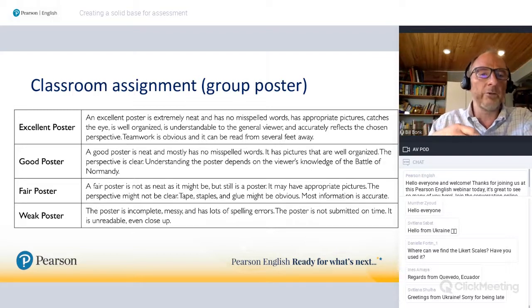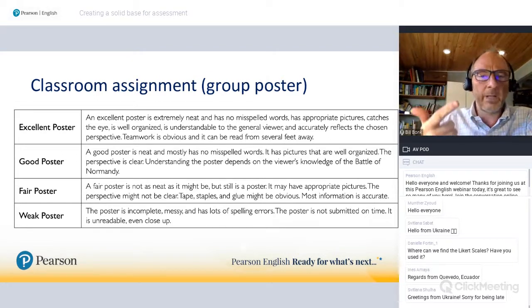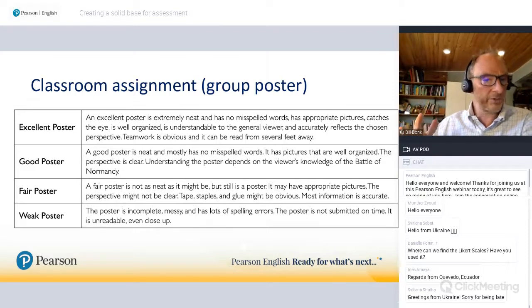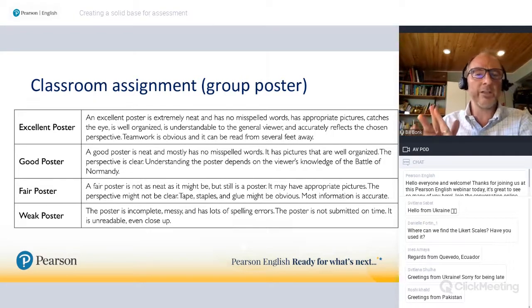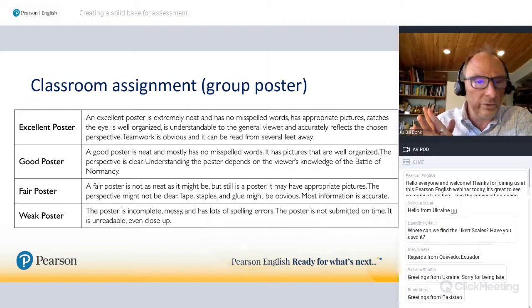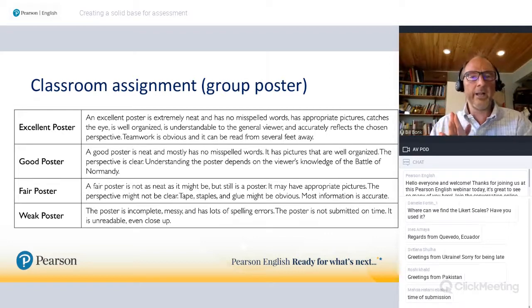If you look at the actual pieces of them, they are talking about neatness, misspelling and appropriateness of the content, organization, understandability, accurately reflecting the chosen perspective, and teamwork is obvious. And also there's this other thing about how easily it can be read. So even though this is only 2 sentences in that top descriptor, it actually has about 8 different kinds of criteria.